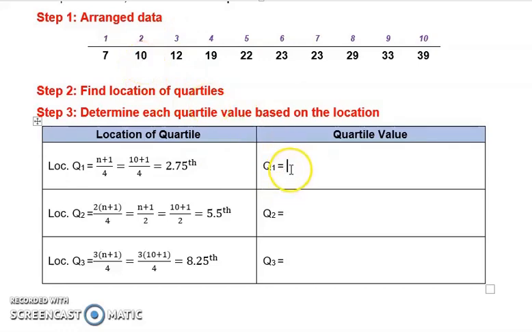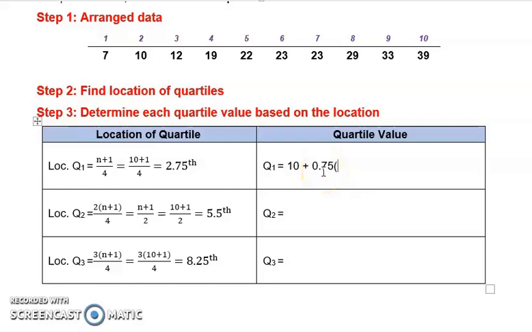So how do we find Q1? Look at location 2. The second location is 10. So 10 plus, look at the percentile here, 0.75.